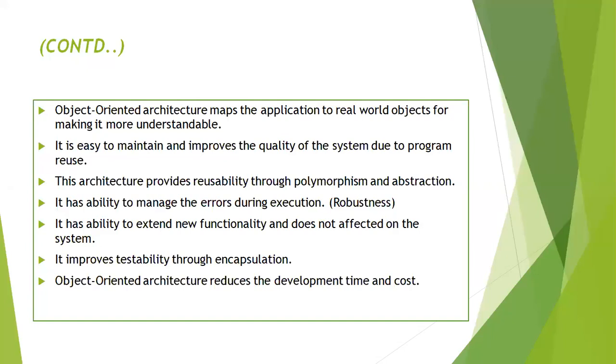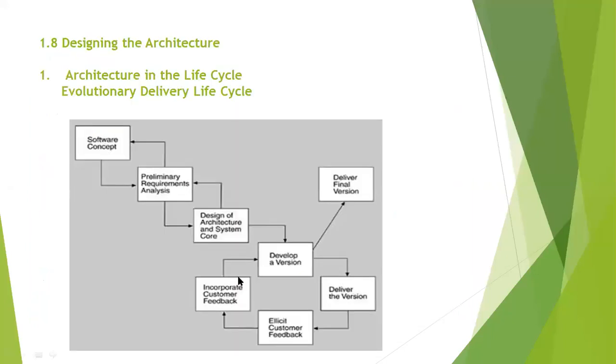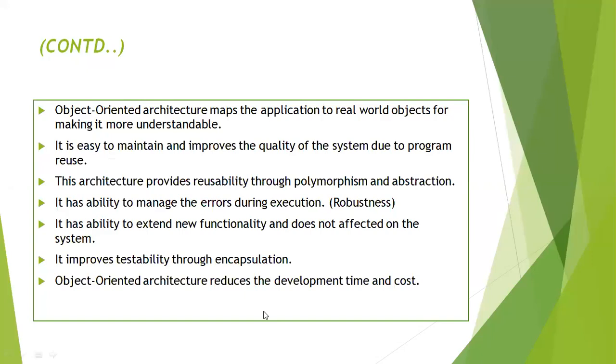And coming to the last one, object oriented architecture reduces the development time and the cost. Already we know that one. So by using OOPS, we can save our time. Why? Because here there is code reusability and also the total code is implemented based on objects.